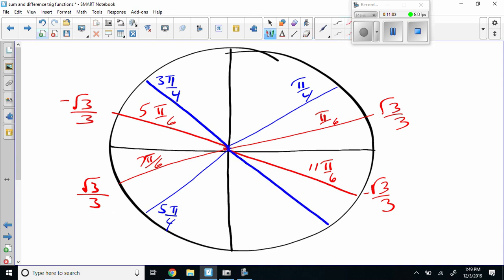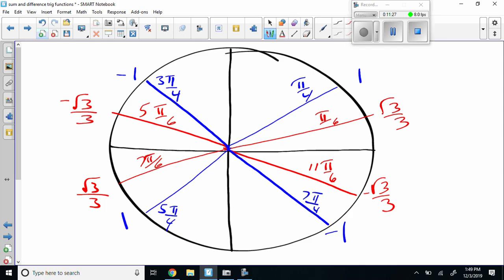And there. 7 pi over 4. Okay. Now, y'all told me that a 45 degree, a pi over 4 was what? 1. This one would be negative 1. That one would be what? And that one would be what? Do you see what I'm talking about? Yes or no? Yes.